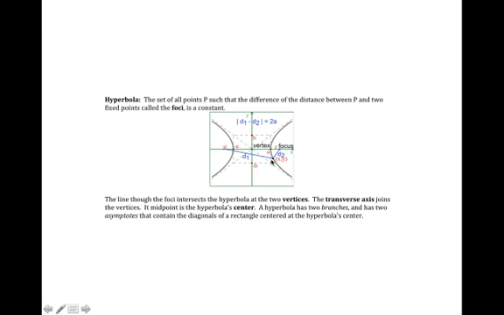Then you go back to the vertex and go down b units to get another corner point. Then you go over to the other vertex and you go up b units, down b units, and then you complete your rectangle, and then you draw in the asymptotes. It makes it super duper easy to graph the hyperbola because you've got the vertex and then you just follow the asymptotes. You just let the hyperbola approach the asymptotes.